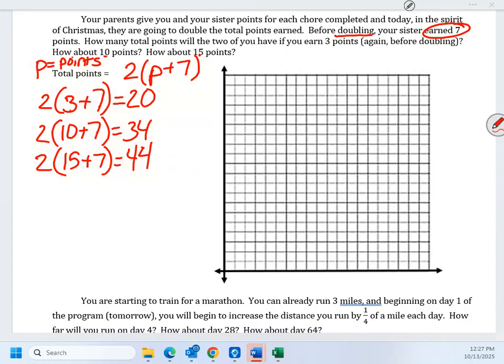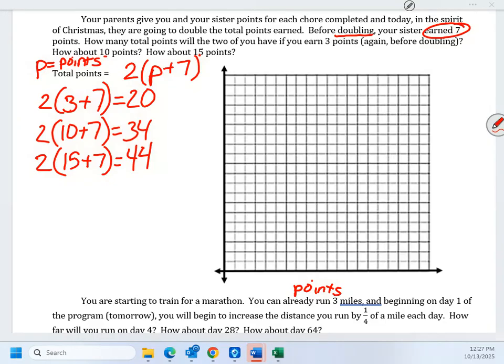Now I need to figure out how to graph it. Who remembers what I said that x-axis is? What do we always put as the x-axis? The variable. So what's our variable that's changing? Ellen? Points. So labeling your graphs is important. We need to know what those numbers are.